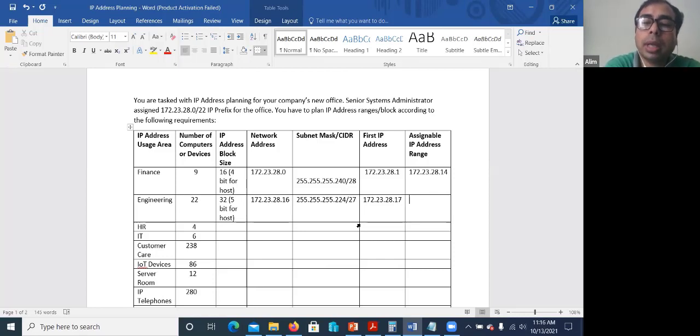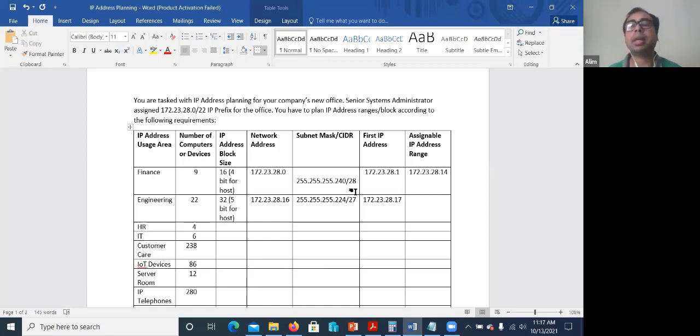No, for example, for the past one, Finance, we have IP addresses 1 to 14. It has subnet mask 28. If you put subnet mask 28, you will not be able to assign 17 or any other IP, because that will be out of the range.